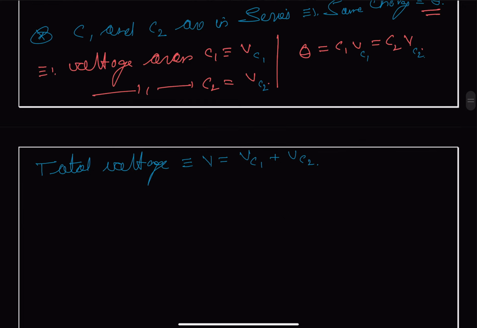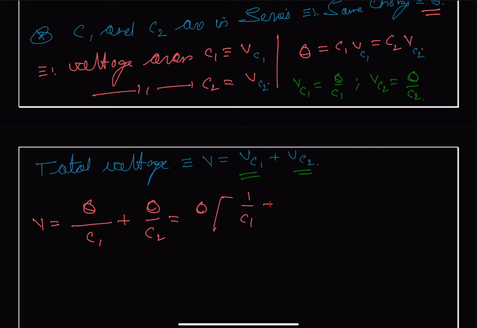From here VC1 equals Q upon C1, and VC2 equals Q upon C2. Substituting, we get the total voltage V equals Q upon C1 plus Q upon C2. Taking Q common, this comes as 1 upon C1 plus 1 upon C2. So from here we can find our charge Q.